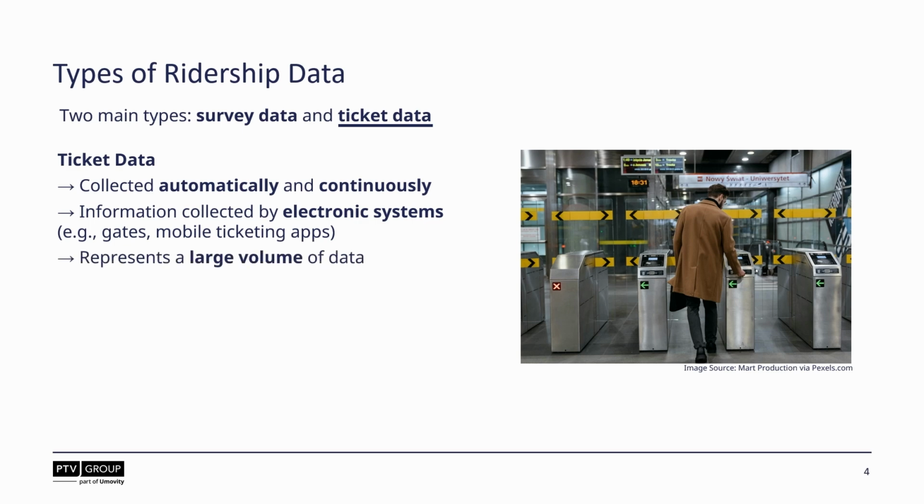E-ticketing data has several advantages, including the large volume of data collected automatically and its accuracy. So, for example, you can understand the current state of the system without the need for data extrapolation. It is accurate data, however, it is less detailed.